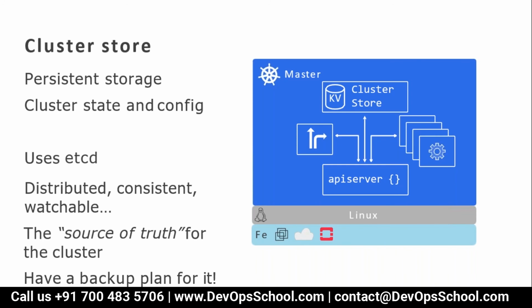So you need to have a backup plan for it. Think in a simple way. If your hand is gone, we can get a replacement done. Nowadays the technology is there. If your eye is gone, you can get eyes back. The rest of the things also probably you can get.